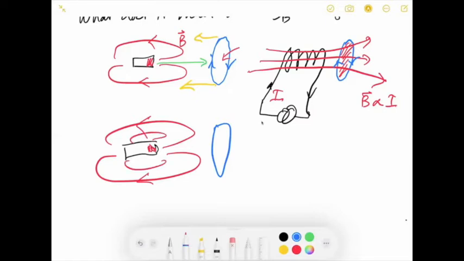And now, instead, what we do is we rotate this. And when this thing rotates, the magnetic flux that this loop sees changes. So the flux changes, so therefore, according to the flux rule, you get an induced EMF, and therefore you get a current.